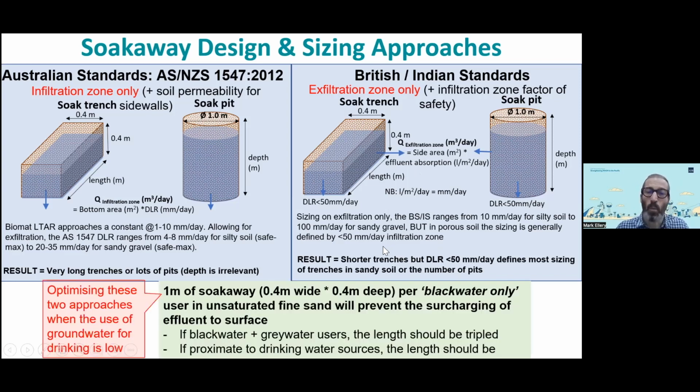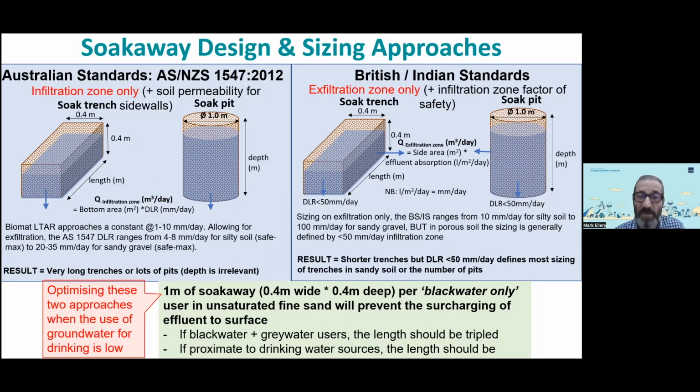In the Pacific, we can probably look at settings where risks to groundwater are minimal, where the population drinking the groundwater is low, and we can actually come up with guidelines around the sizing of soakaways.